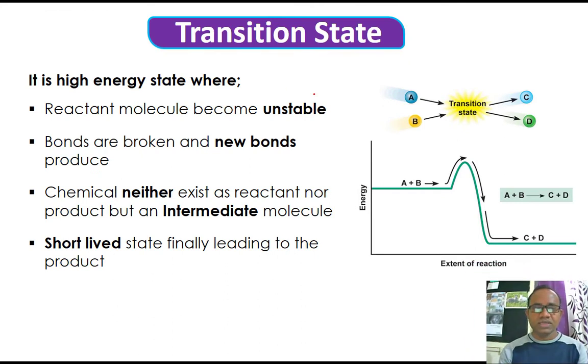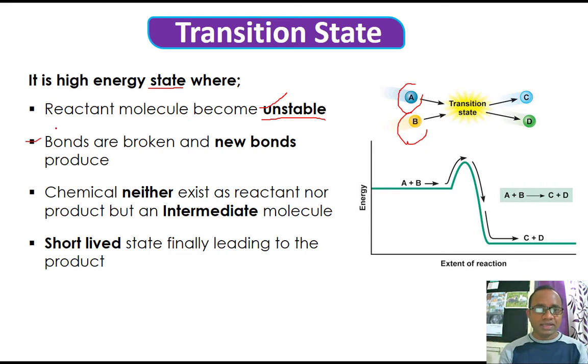The second most important thing is the transition state. The transition state is a high energy state where the reactant molecules become unstable. If the reactant molecules are A and B, these two become unstable. That means they prepare themselves to take part in the reaction for the production of a product, right?